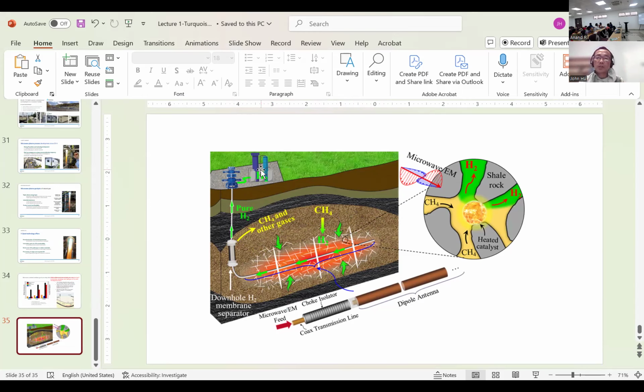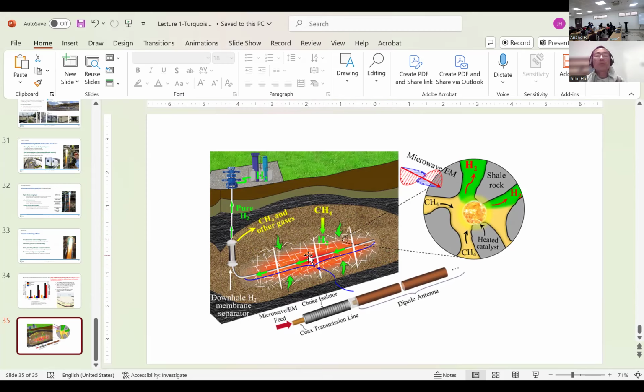Any questions here before I show you? We did a simulation. In order to enable the underground pyrolysis, you have to make sure the rock has a catalytic function, all right? And also that it is sensitive to the microwave we introduce underground. Two things have to happen. First, we should introduce a microwave underground.